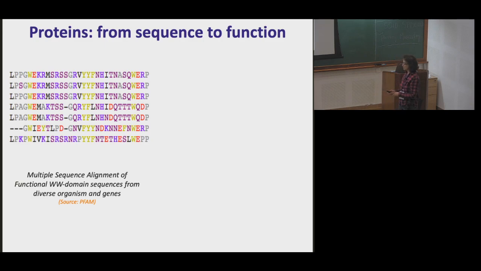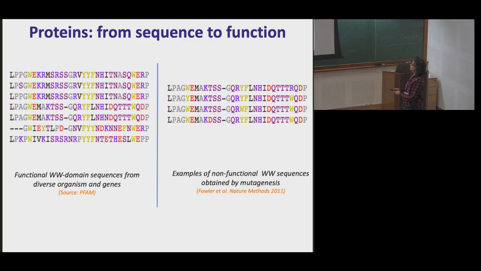For example, this is the multi-sequence alignment for a part of the sequences of the WW domain. And we would like to understand, from the data, why these sequences, which fold and function correctly, are different from sequences which look similar but are not functional, as has been experimentally tested.